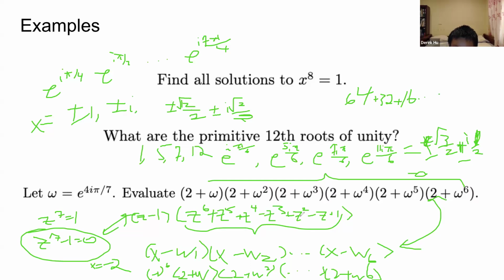Wait, sorry, I think these should be pluses. My bad. So then this is minus, then -8, then +4, -2, and then +1. And then this is equal to 32 plus 8 plus 2 plus 1, and that's 43. So yeah, the answer to this one is 43.